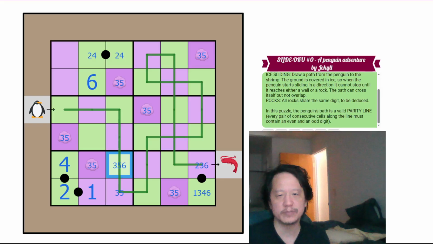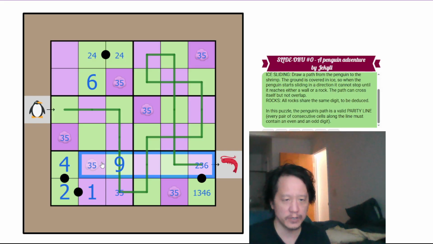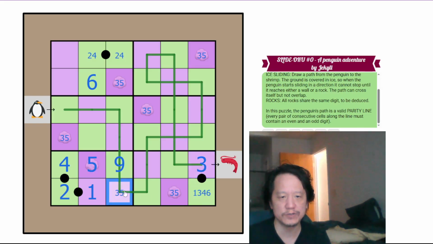This is 3, 5 as a pair. That forces this to be 6. This is pink parity, so this must be 3. Can't be 1 or 5. 3 eliminates 3 there, so it's 5 and 3. All the stones are 5. 3 is in a 1 to 2 ratio with 6. That leaves this as 4. How did I get 9 there? This is 6.